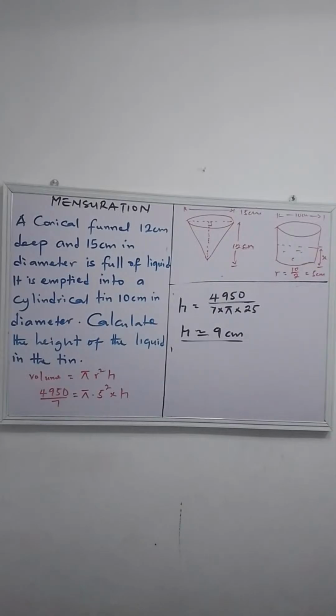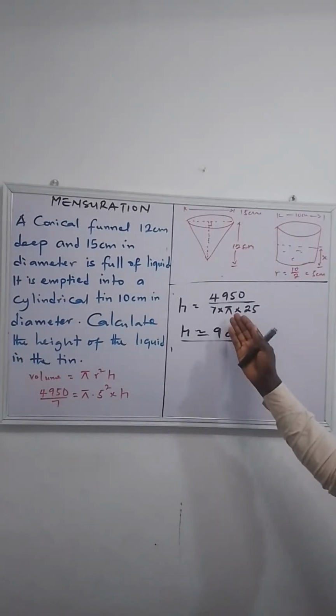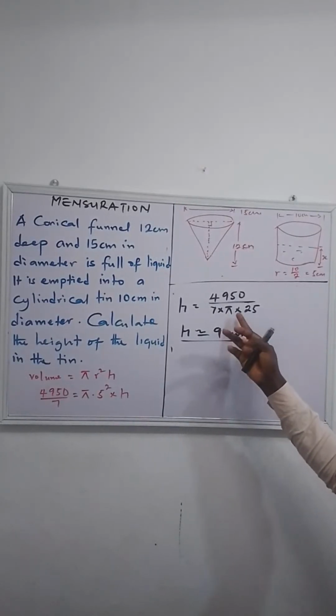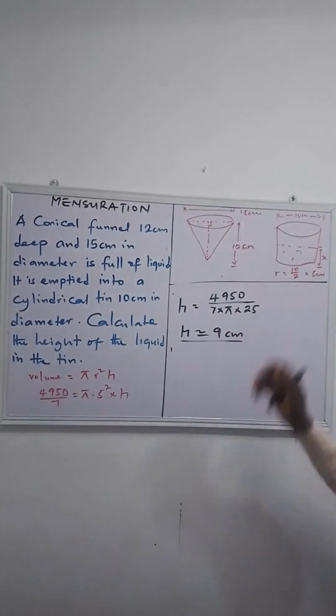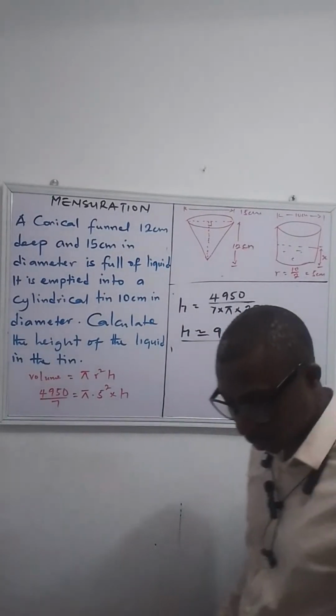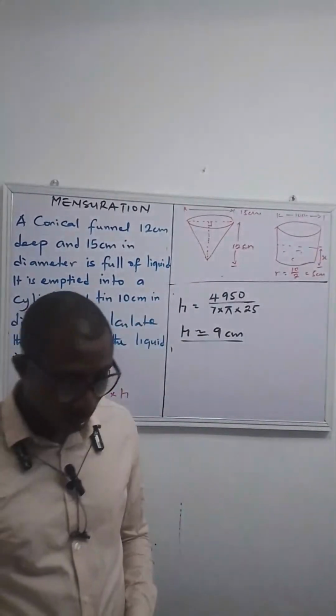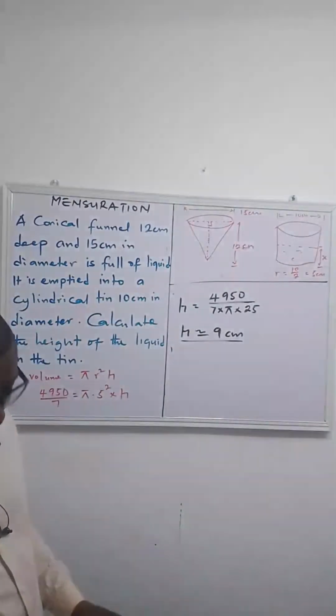So that is the answer. It's not compulsory you have to make use of your calculator. You can also convert. This one is 22/7. Just change this to 22/7 and you evaluate. Okay, so now that is the answer to that. Now let's move down to another question.